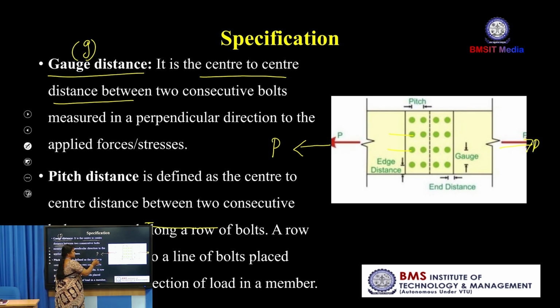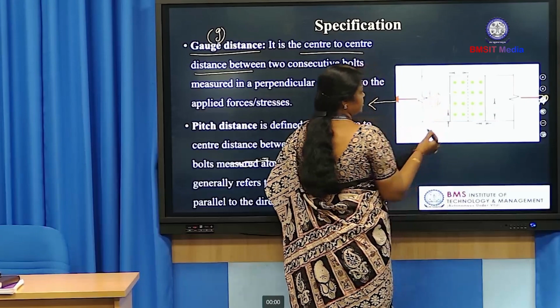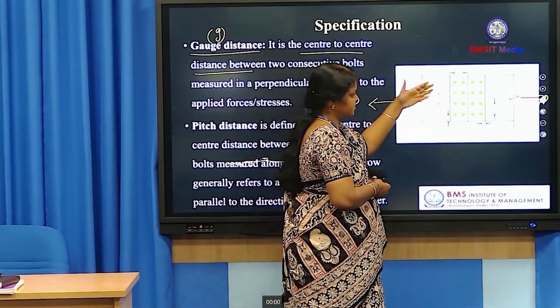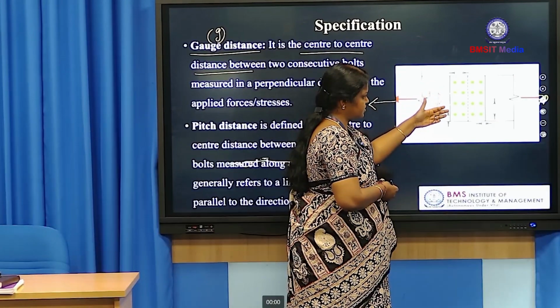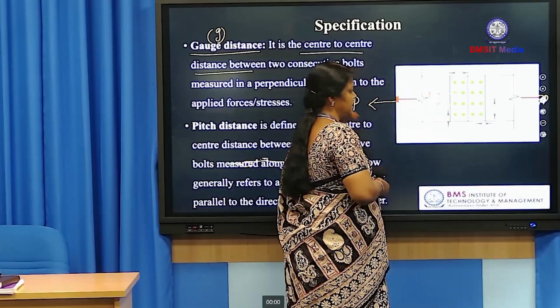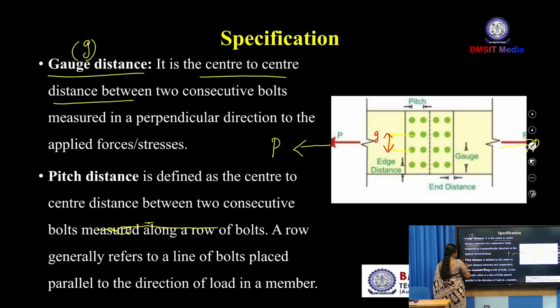The applied force is in this direction, so perpendicular to it is this one, G, gauge distance. So, gauge distance means the center to center distance between two consecutive bolts, in the direction perpendicular to the applied force. Now, coming to pitch distance. What is pitch distance?